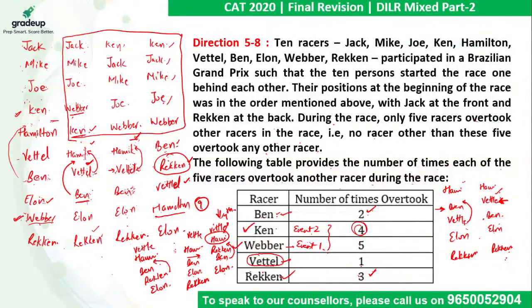Weber is the first one to cross him. Raikkonen has to cross a total of 3 racers, so Raikkonen will also cross Ben. Then Ben will overtake Raikkonen again, keep on doing so, so that all others are behind Ben only.